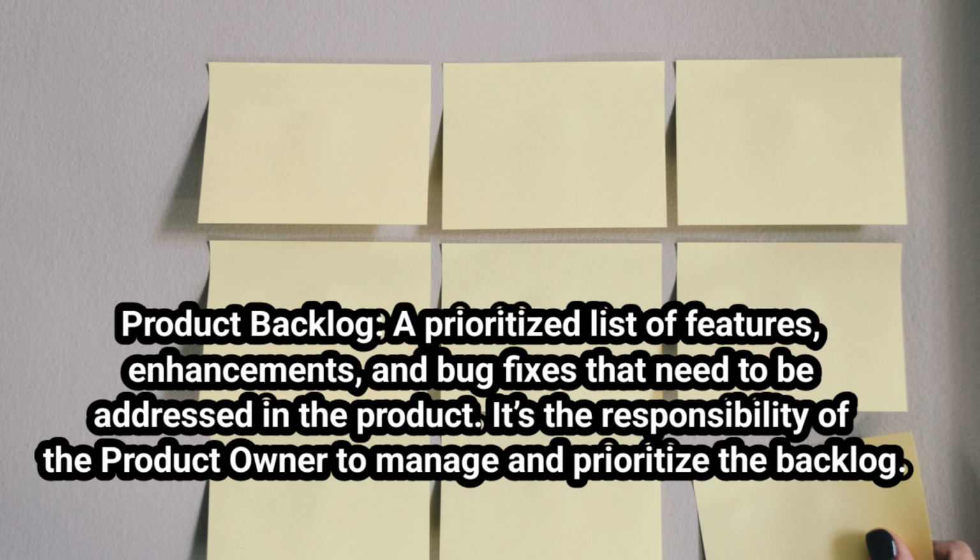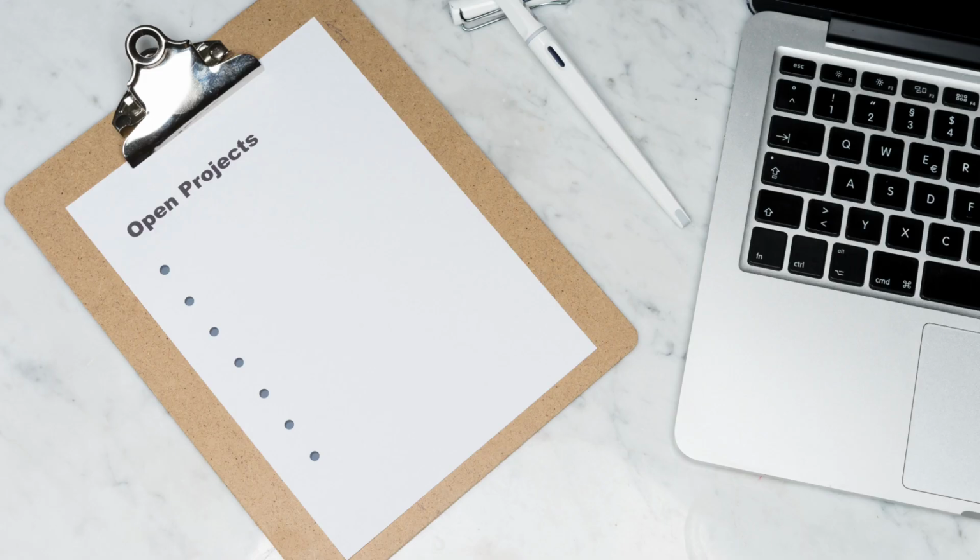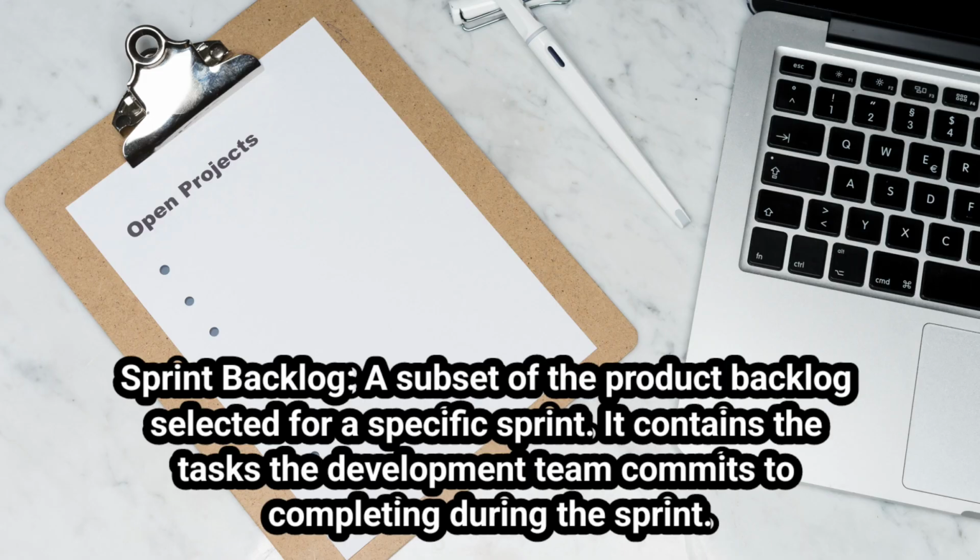Now let's talk about artifacts. Product backlog: a prioritized list of features, enhancements, and bug fixes that need to be addressed in the product. It's the responsibility of product owners to manage and prioritize the backlog. Sprint backlog: a subset of the product backlog selected for a specific sprint.